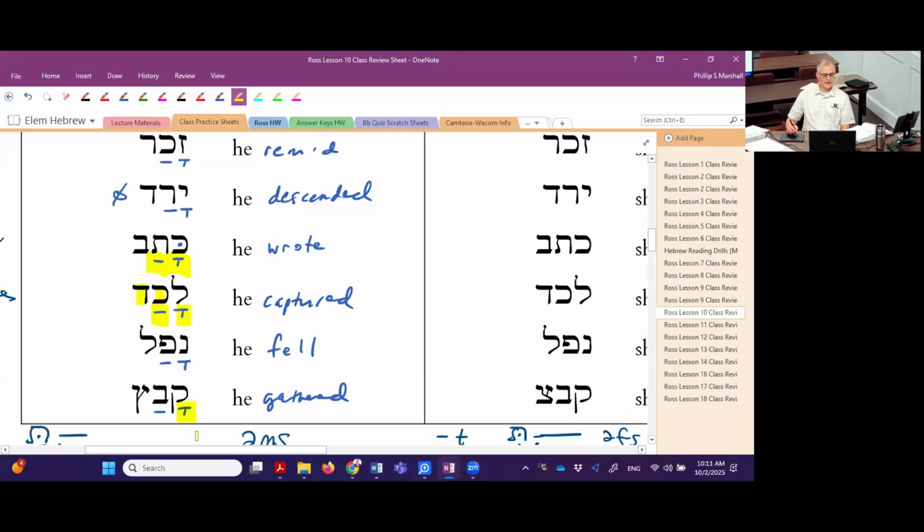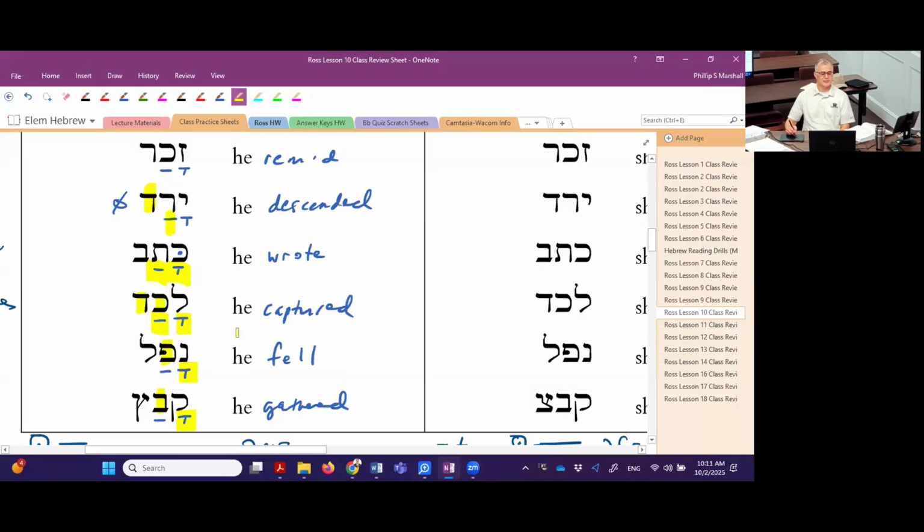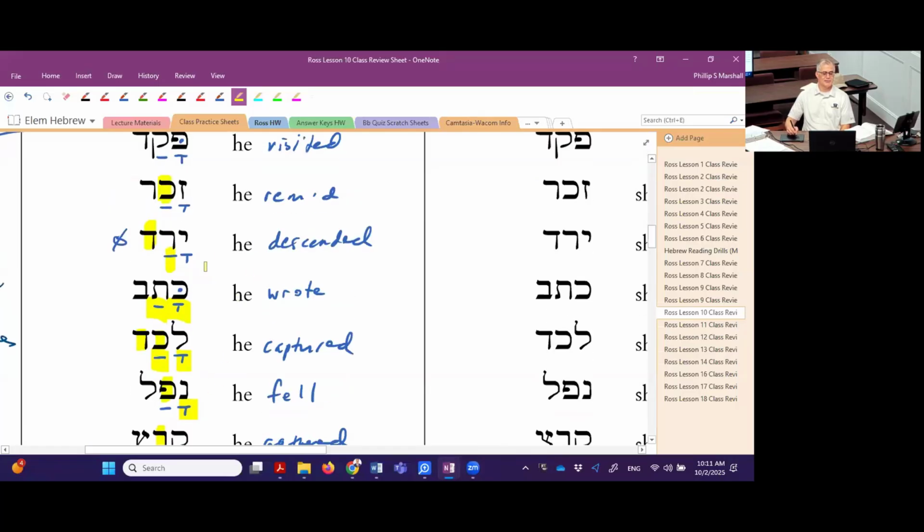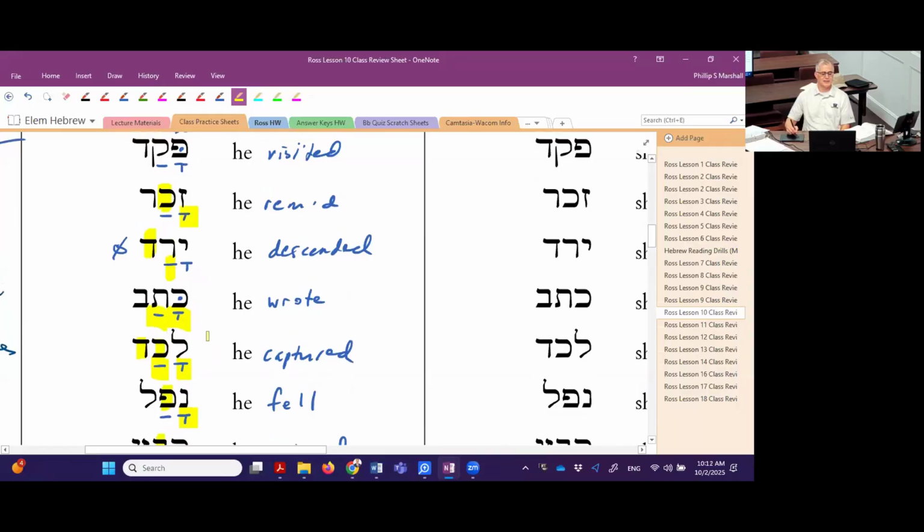For Qavats, I've got a vowel before the bet, so the Dagesh Lene goes away there. And for Nafal, pe should have a Dagesh Lene, but the vowel before it pushes that Dagesh Lene out. Dalet in Lakhad should have a Dagesh Lene, but the preceding vowel drives that out. Kaf should have a Dagesh Lene, but the preceding vowel drives that out.